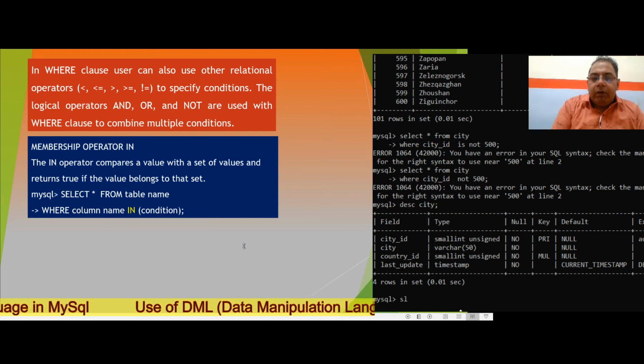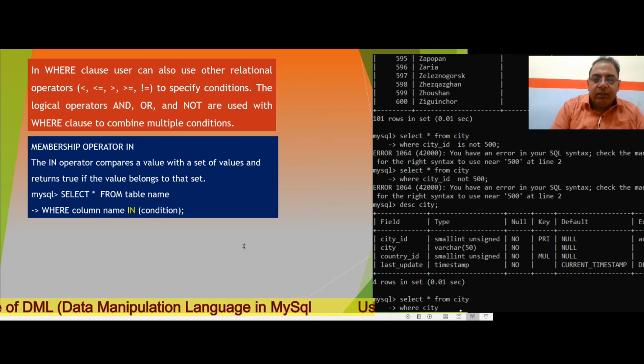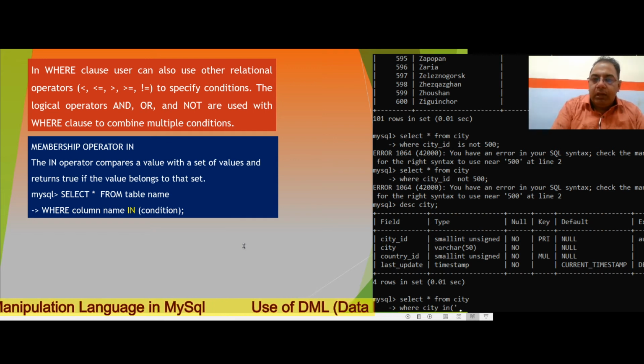Now I want to get the records from the table city where city in, I will write down just the name of a city, like Jaria.